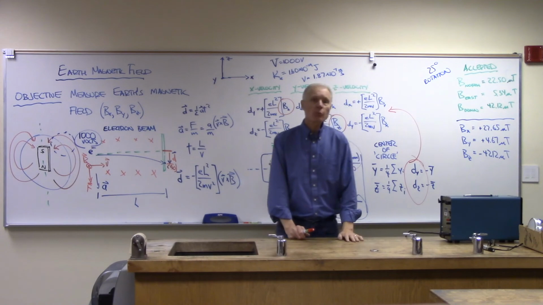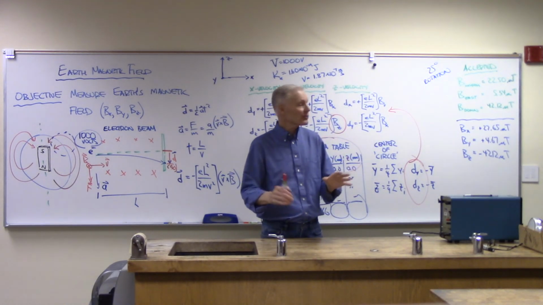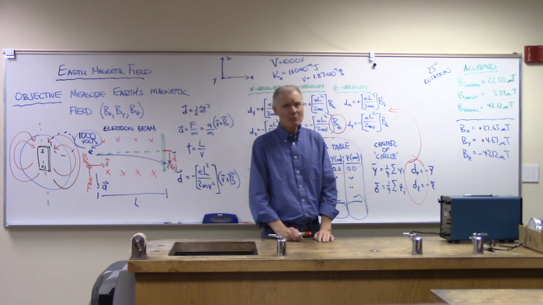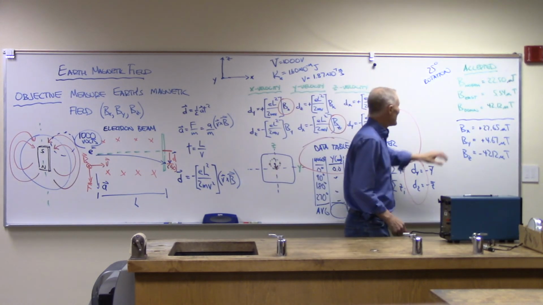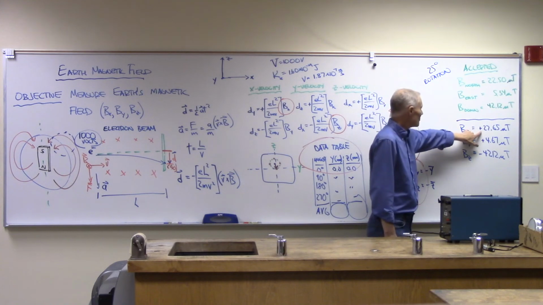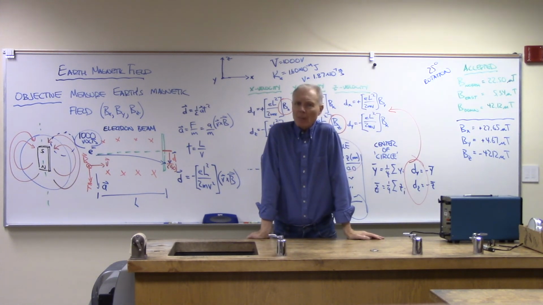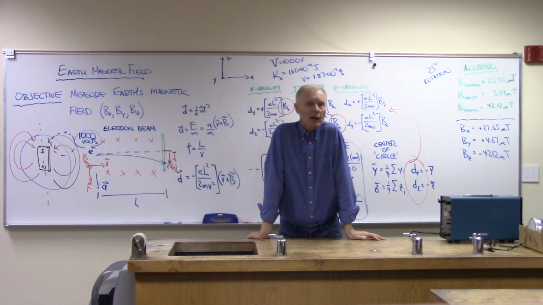So I just wanted to point out that in our coordinate system, the BZs you calculate had better be negative, and the BXs that you calculate had better be positive. If they're not, stop by office hours, talk to me, and we'll take a look at what you've got and see if we can figure out what's going on.